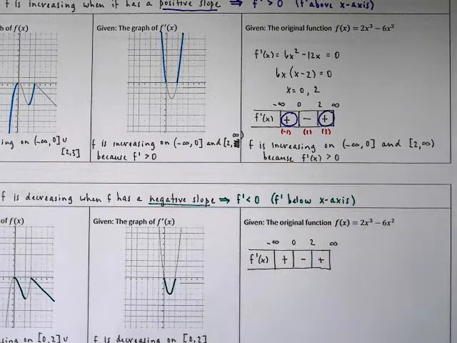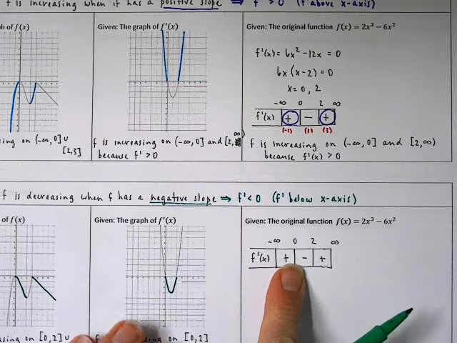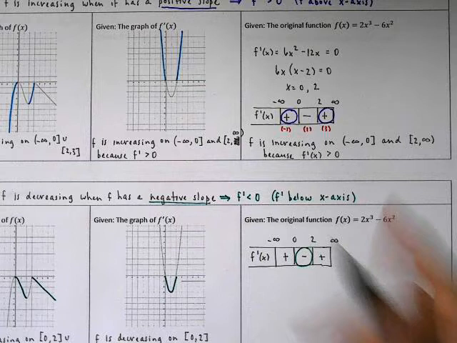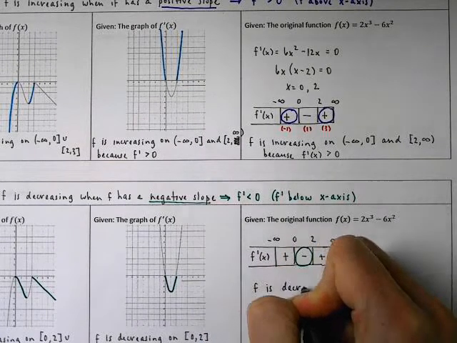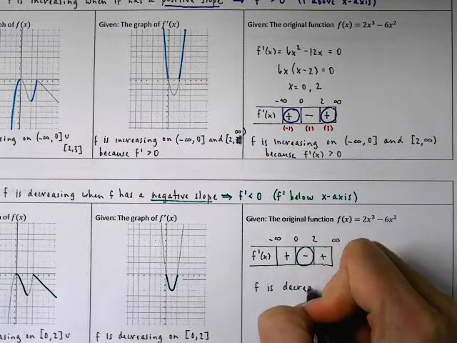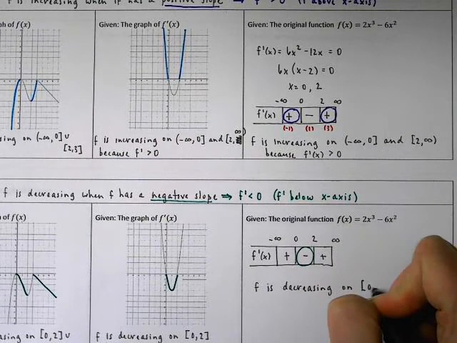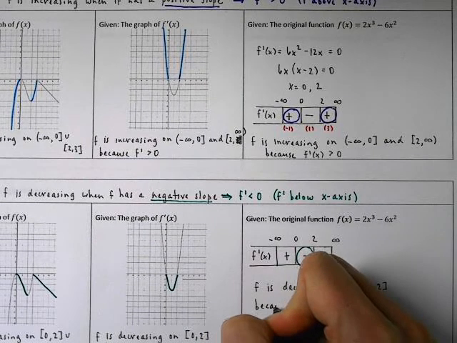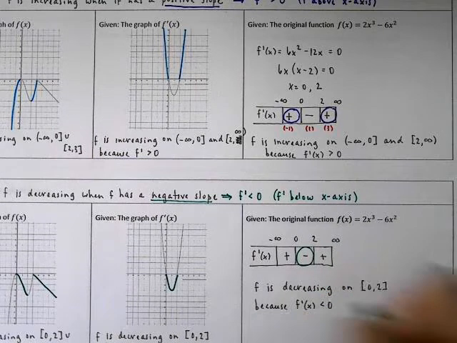So now I'm looking for where f prime is less than 0, when it's negative. That happens right here. So again, we would say that f is decreasing on the interval from 0 to 2. And again, our justification is because f prime of x is less than 0.